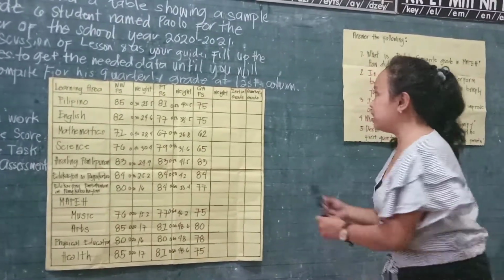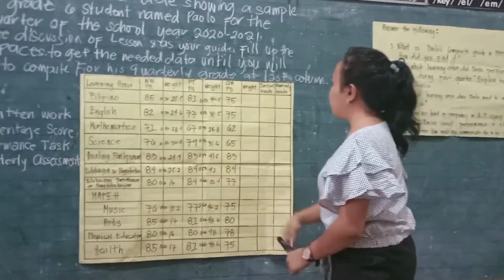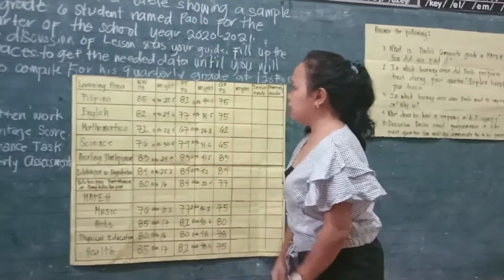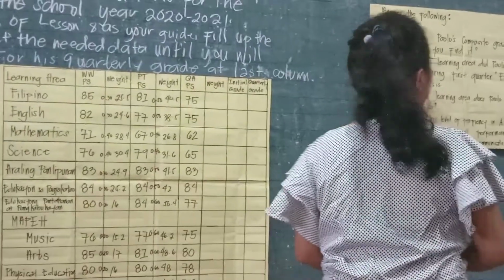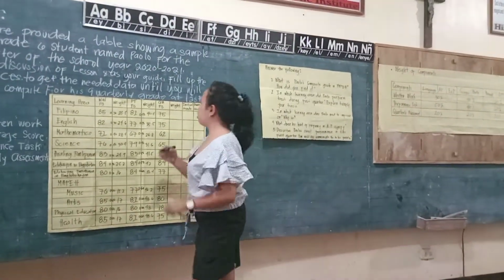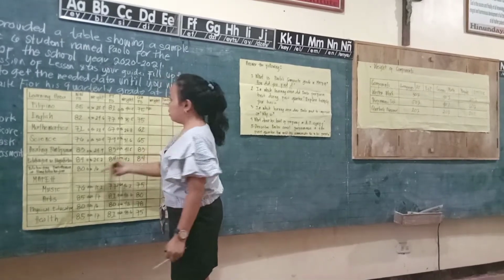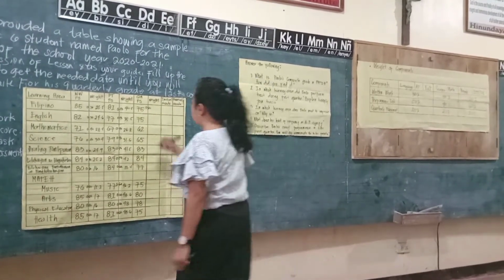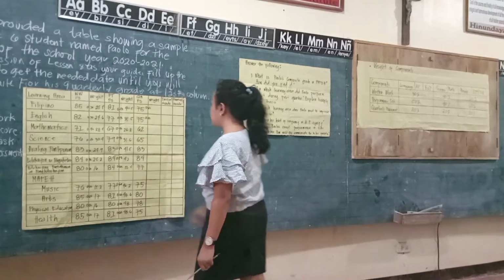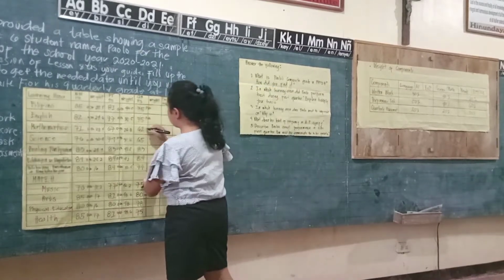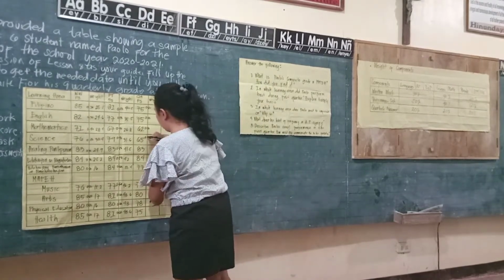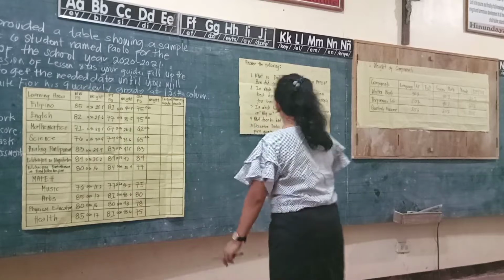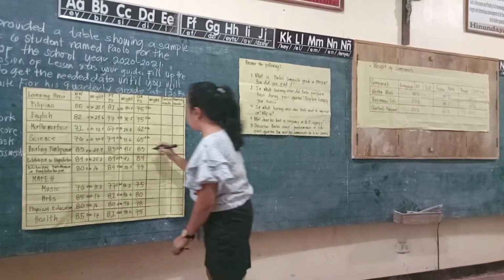So we still need to get the weight of component per learning area, and we also need to base it on this. So for Filipino, we have 20%, so 0.20. English, we also have 20% or 0.20. Mathematics, we have 20% or 0.20. In science, we also have 20% or 0.20. In Araling Panlipunan, we have 20% or 0.20.